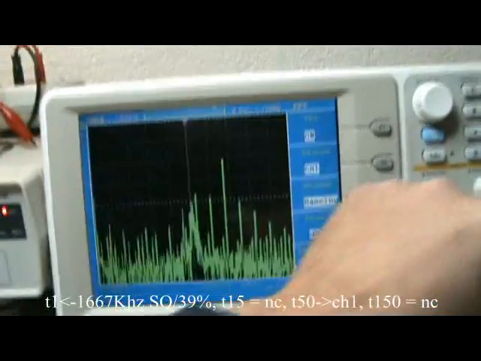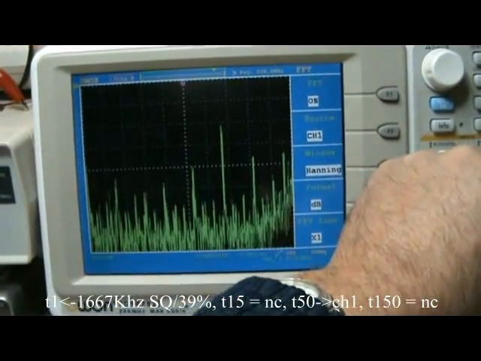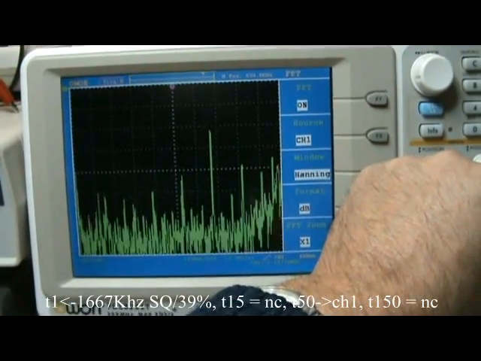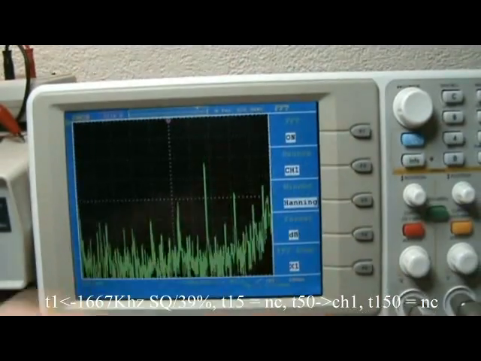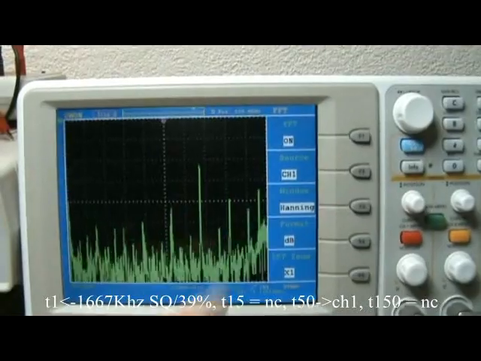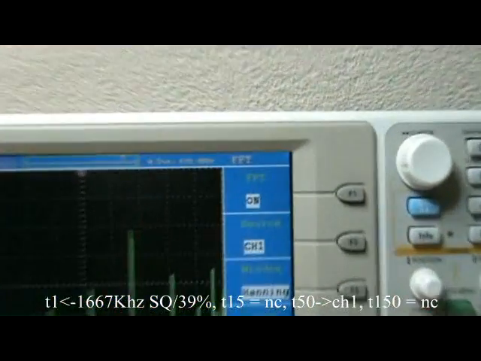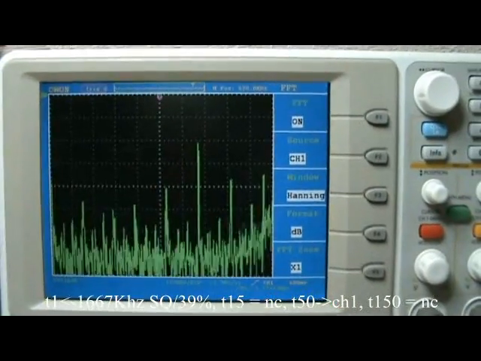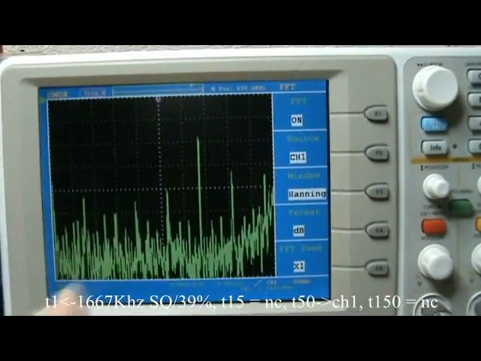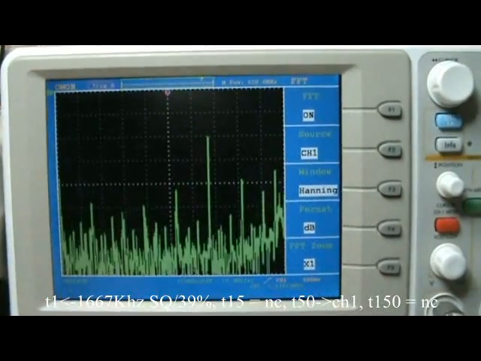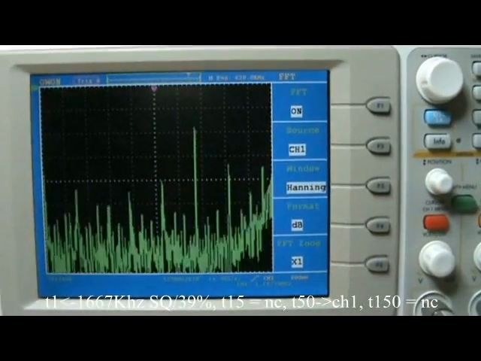So I go one step down, and I have here now a nice peak. I'm now at midpoint 620 kHz. So I have several lower harmonics.